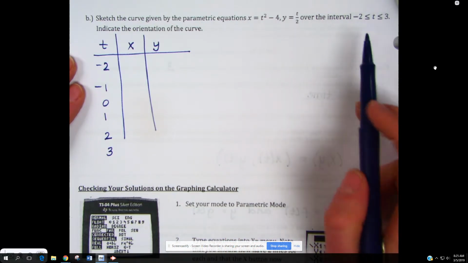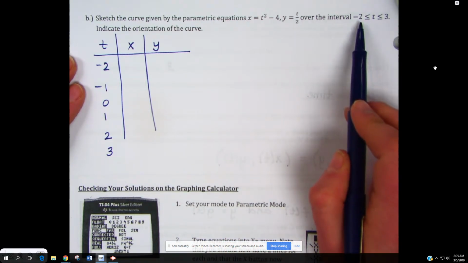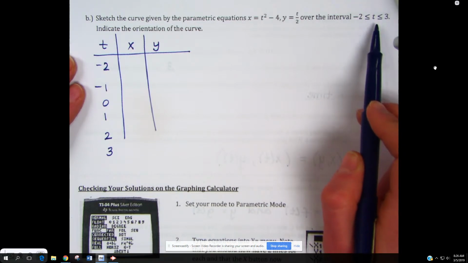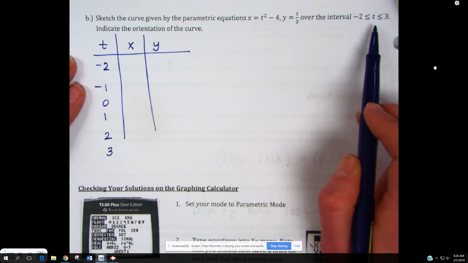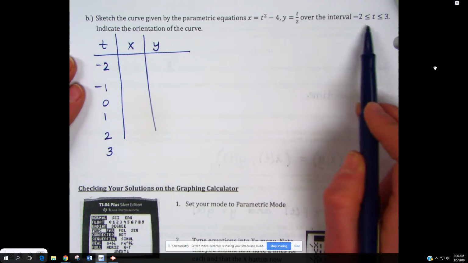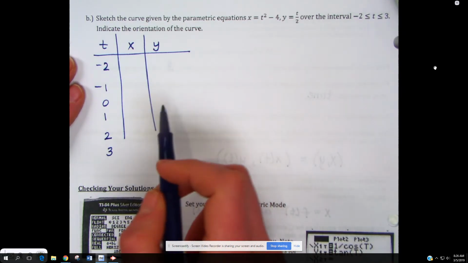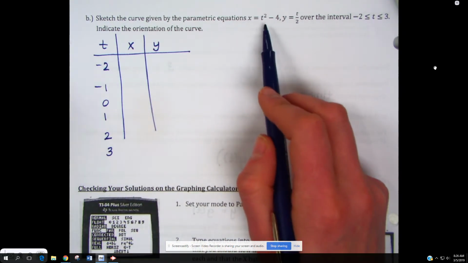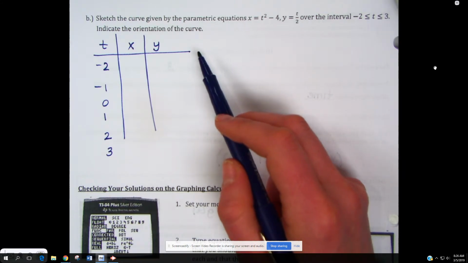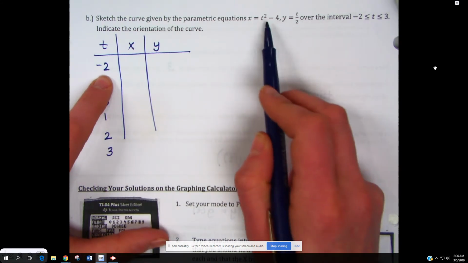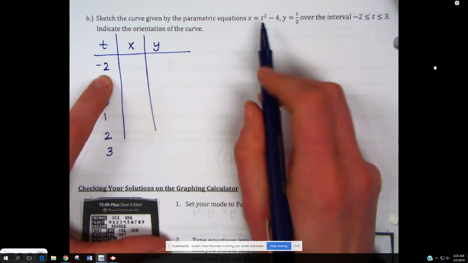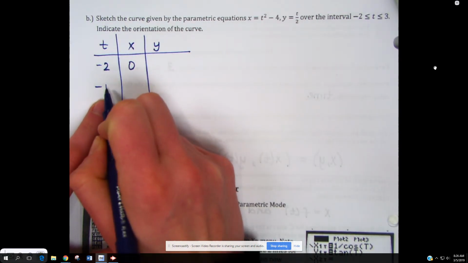If I'm looking at my notes, I must have needed it just to get an idea of the shape. Oh, sorry. Look, here it says that my interval is from -2 to 3 exactly. So I'm only including these values when I sketch my orientation. This one won't have arrows on the end. I'm going to do the same steps I did before. I'm going to plug in each of those values. So I end up getting -2 squared, that's 4, 4 minus 4 is 0, and I plug in -1.